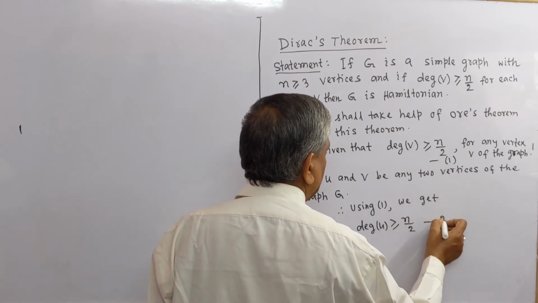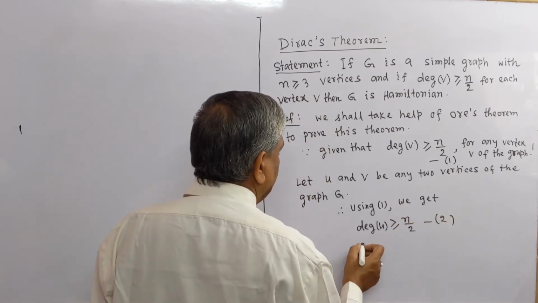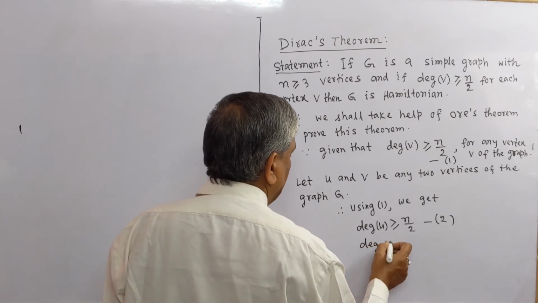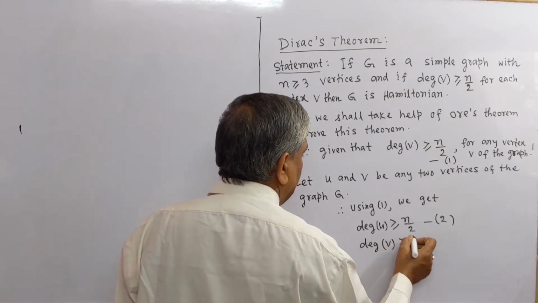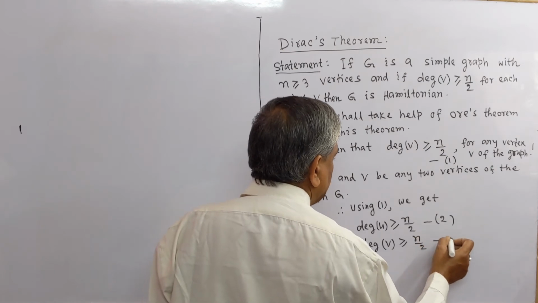This is number 2. And degree of v is greater than or equal to n by 2. This is number 3.